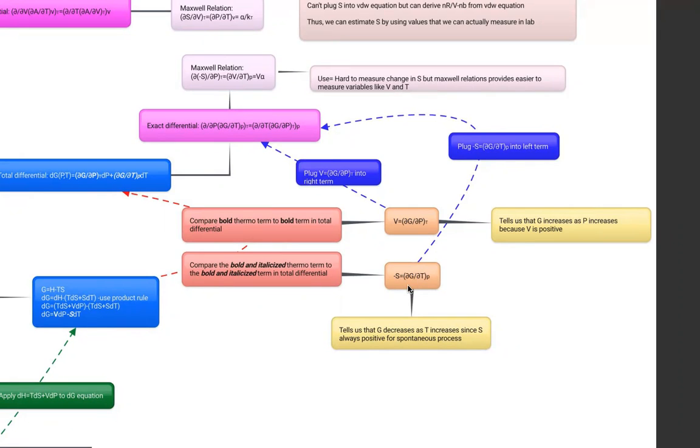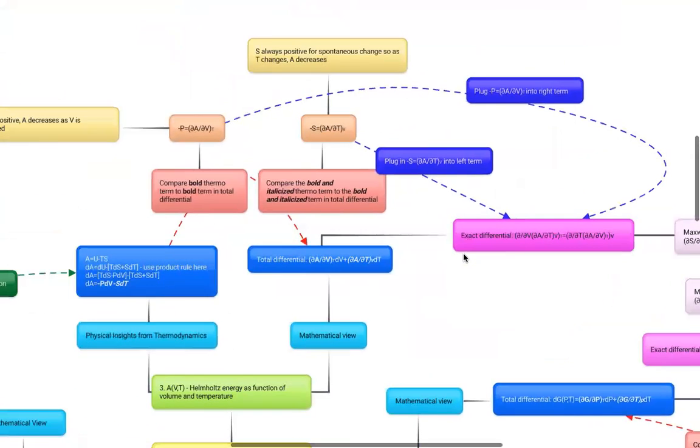Because of that, we look at the signs, and we see that if S is positive, G decreases as T increases, which is really important for us to know in terms of thermodynamics in general. And then V equals the change in G as pressure changes at constant temperature, which tells us that G increases as P increases because V is positive.